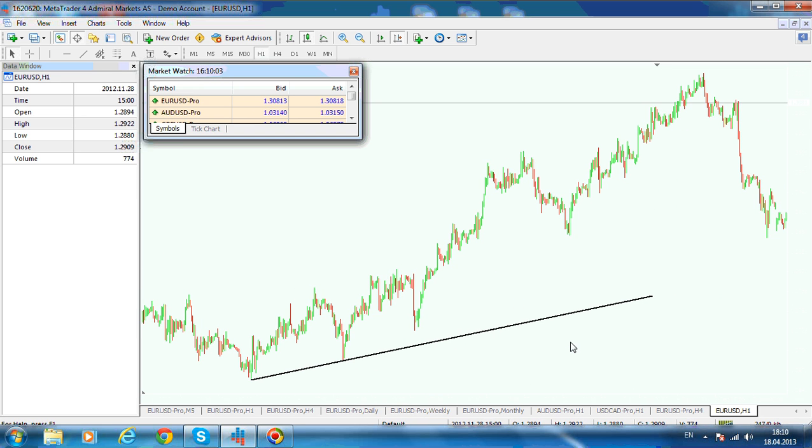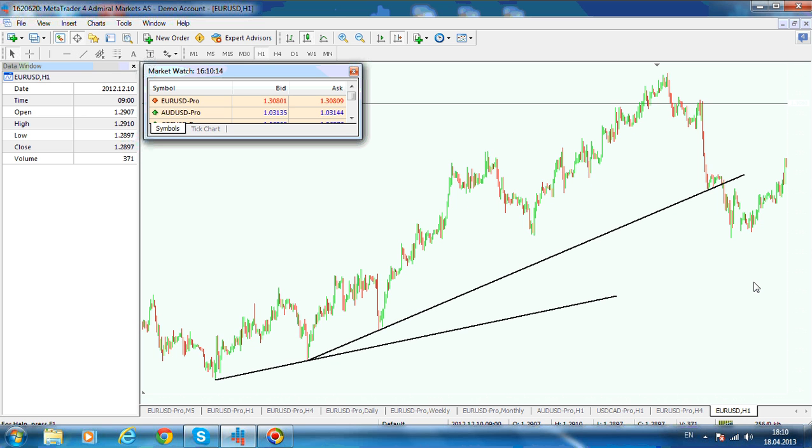Now, if you want to be even more aggressive, then your new trend line could be something like this, okay? And until the trend line is being broken, basically the trend is not going to change. Or it can be even more aggressive, something like this. So this should be your trend line. Again, connecting a low with the next higher low, and this should be your trend line to the upside.